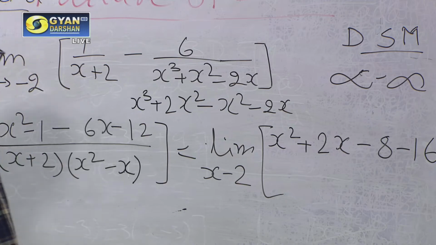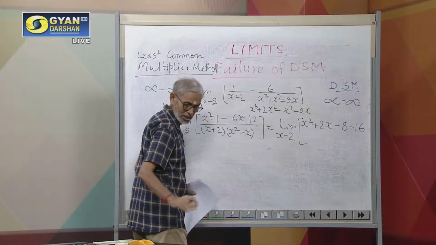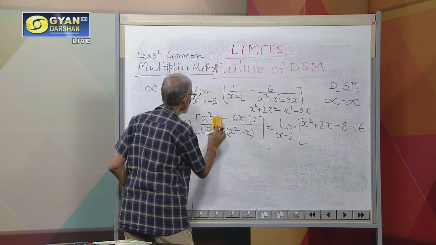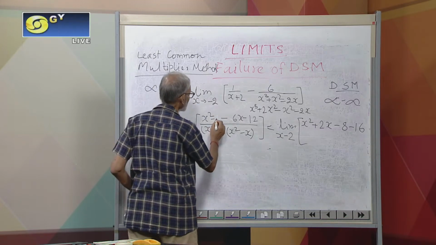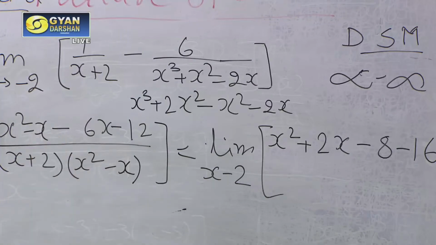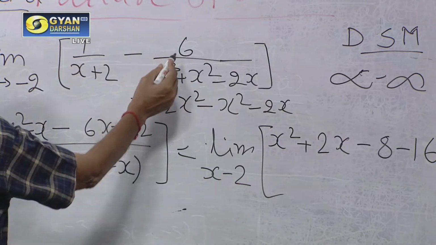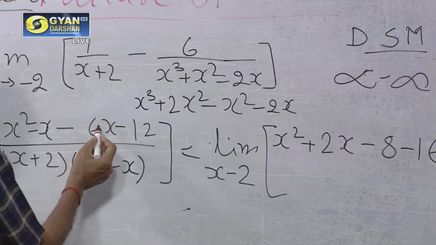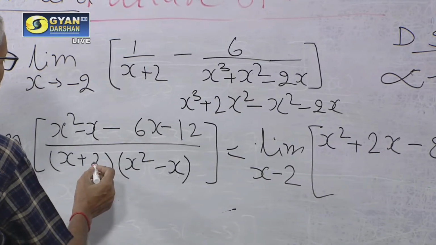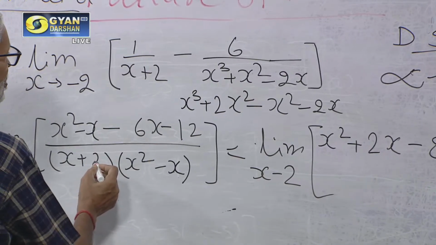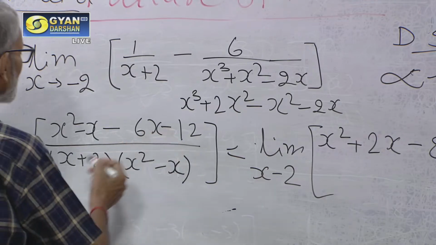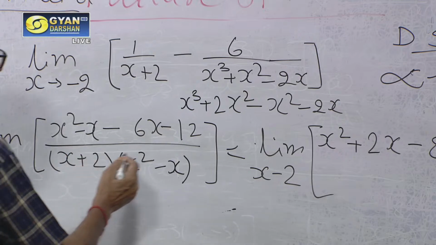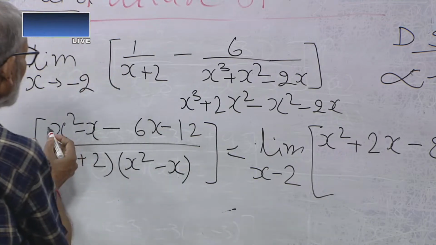So x square, and here it will become minus x and then minus 6. So minus 6x and plus 2, so this will become minus 12.